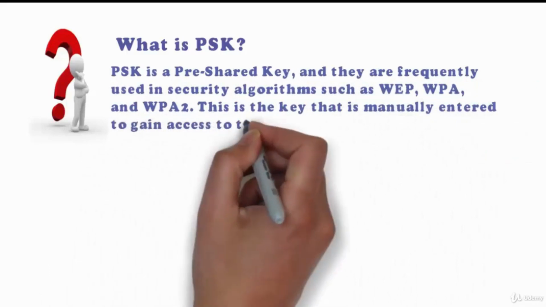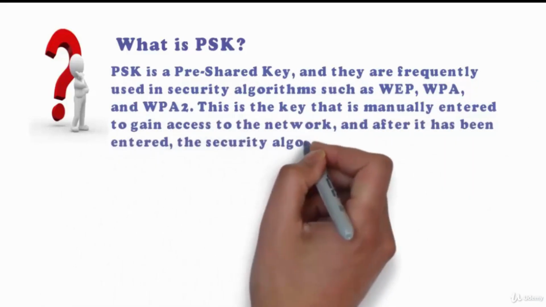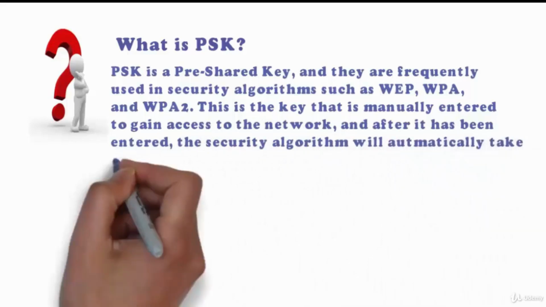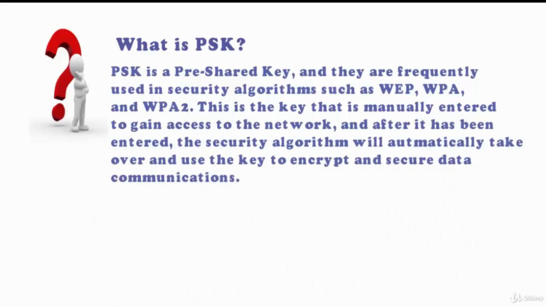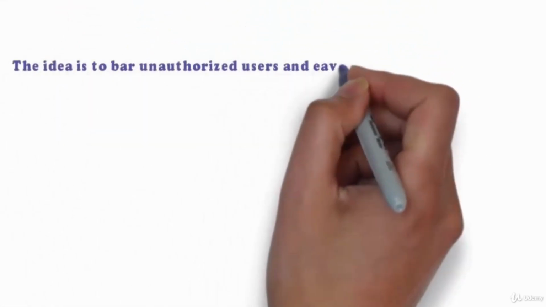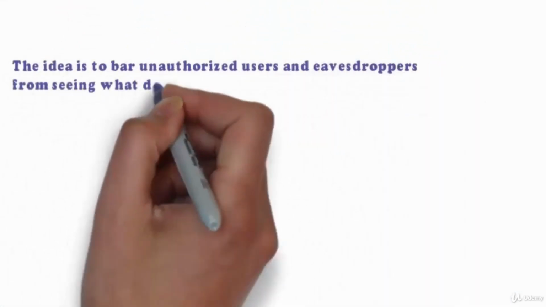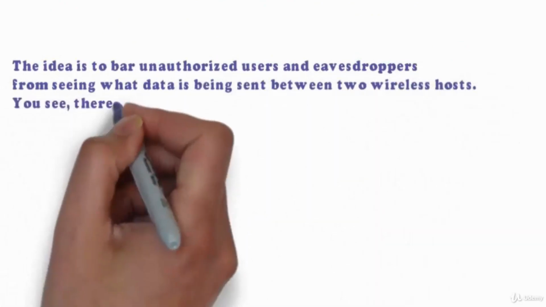This is the key that is manually entered to gain access to the network, and after it has been entered, the security algorithm WEP or WPA will automatically take over and use the key to encrypt and secure data communications. The idea is to bar unauthorized users and eavesdroppers from seeing what data is being sent between two wireless hosts.